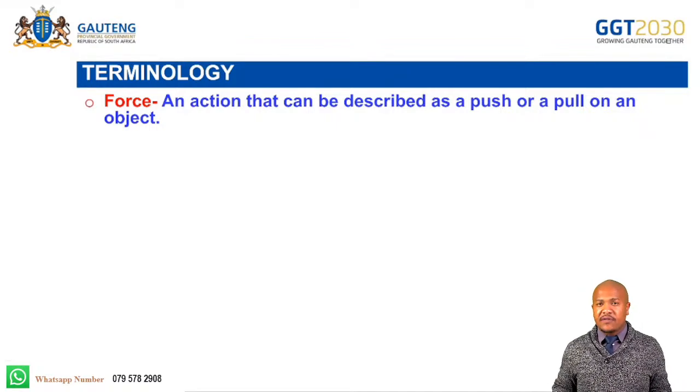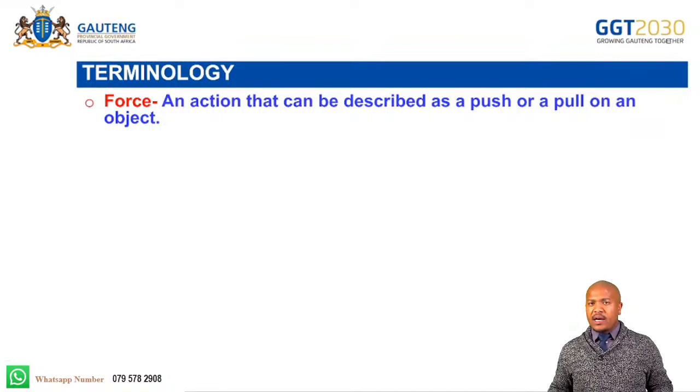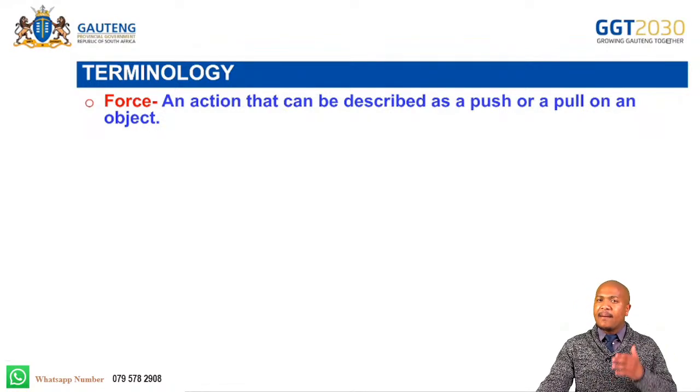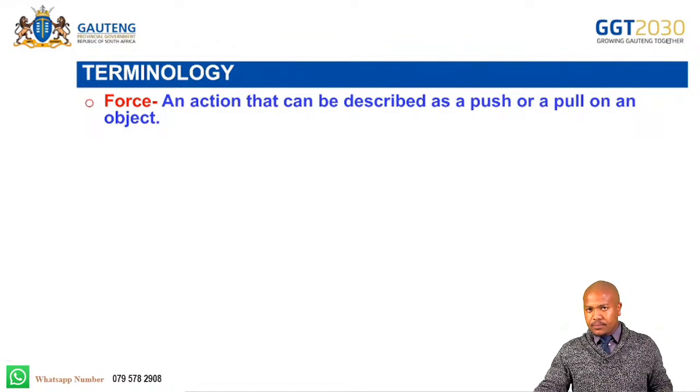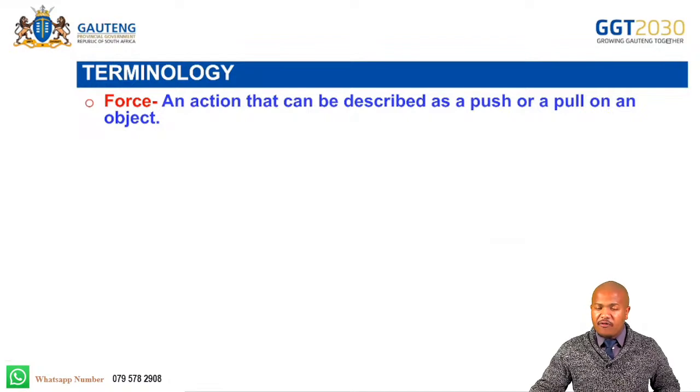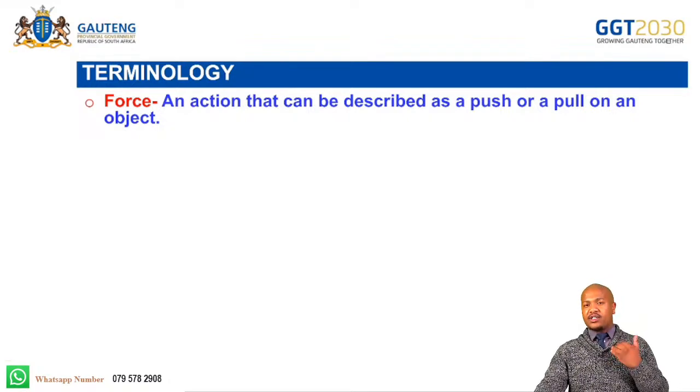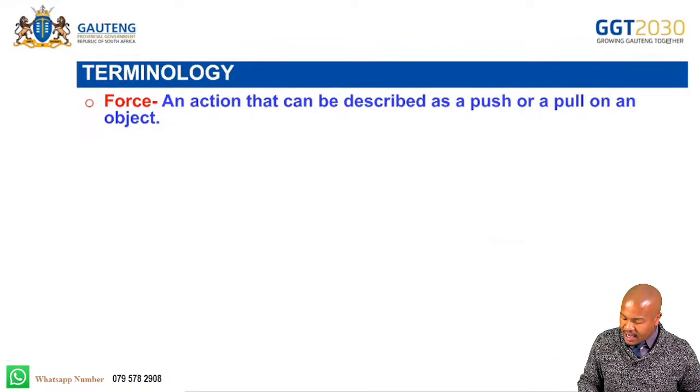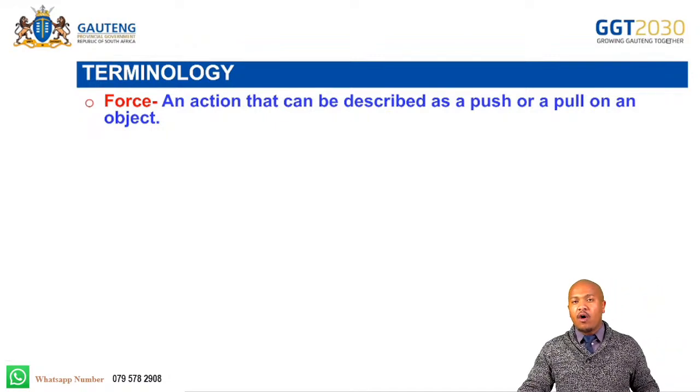Then we have gravitational force. Gravitational force is a pulling force that bodies exert on each other over a distance due to their masses. We also have Newton, which is the unit of measurement for force. It has the symbol N. So Newton is the unit of measurement for force.